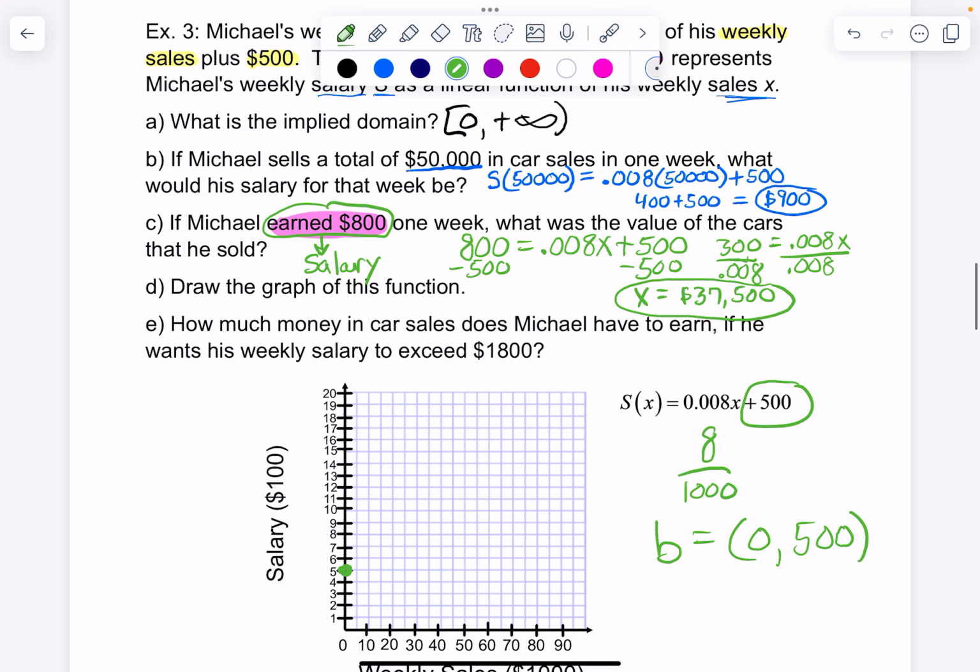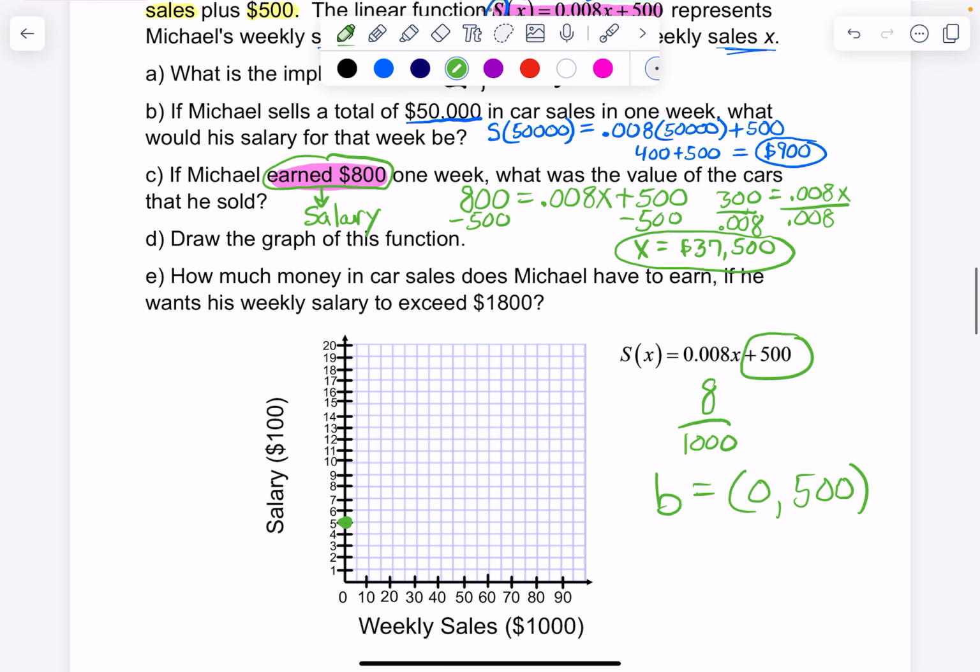Next, we already have a value. When the sales are $50,000, if you remember up here, we found that the salary was $900. So let's go ahead and plug that in. At 50,000 sales, we have a salary of $900. And now that we have 2 points, if you can remember the slope, how it works, I'm going to go from my first point here, my y-intercept, to my next point, and I can calculate the slope immediately.